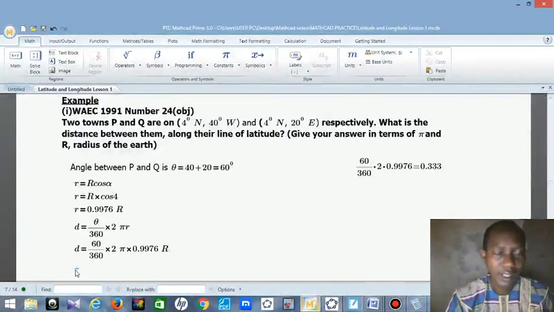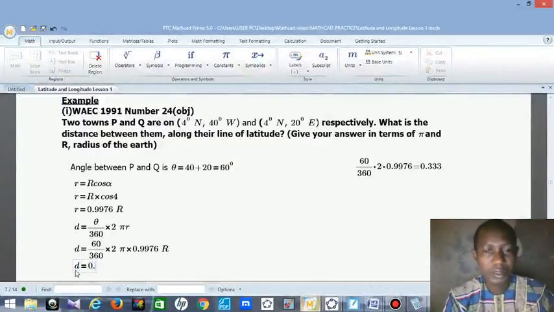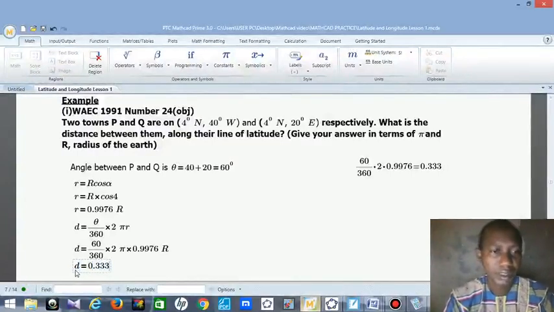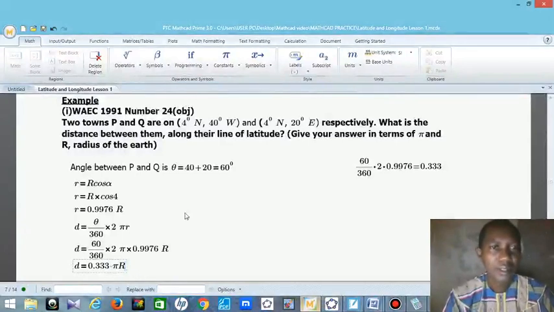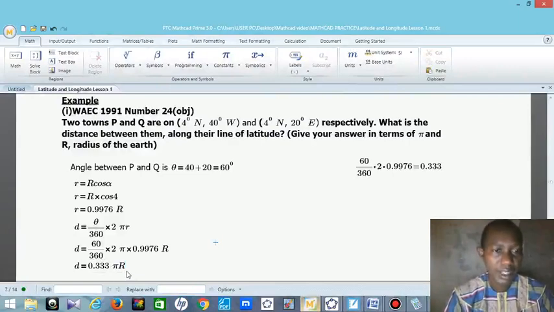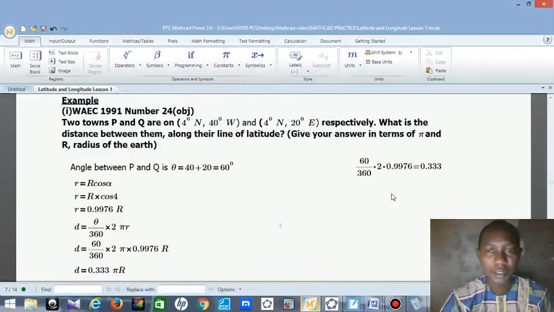So the final answer here is d equals 0.333, leaving pi and R as part of the answer, which is 0.333 pi capital R. So this is the answer in terms of pi. That is the first example I have for you on this topic, latitude and longitude.